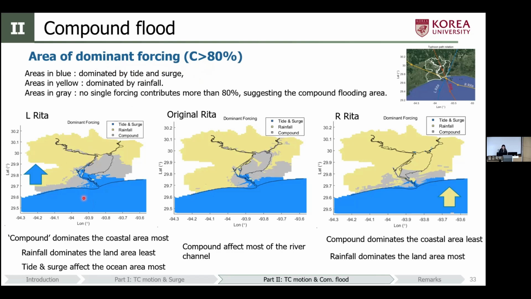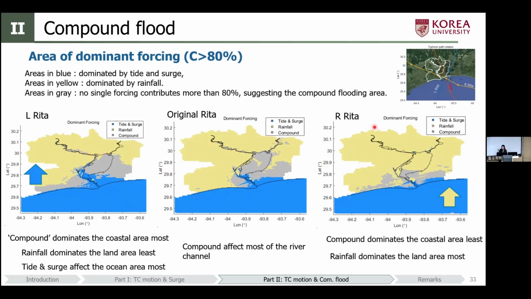The blue shaded area means this area is dominated by the tide and surge source, the gray one represents the area where the compound flood source is the dominant forcing, and the yellow one is dominated by rainfall. So we can find in the left Rita cases, the compound dominates the coastal area most, but the rainfall dominates the land area least compared to the other two cases.